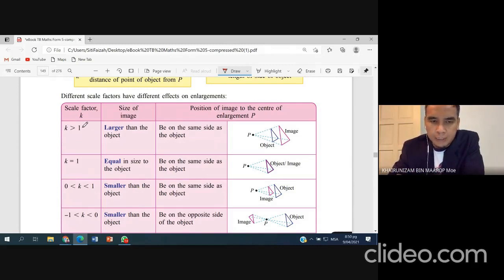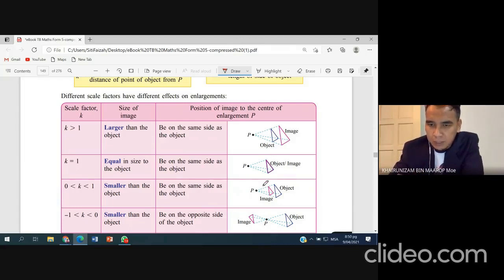Okay, look at this. If K is more than 1, that means the image is larger than the object, like this. If K equals 1, that means the object and image are equal in size.